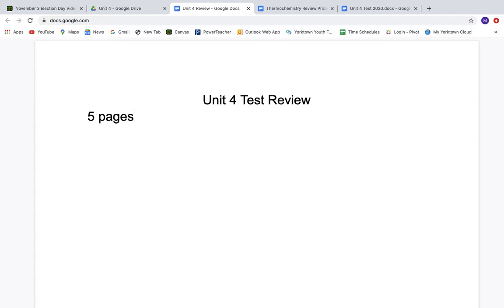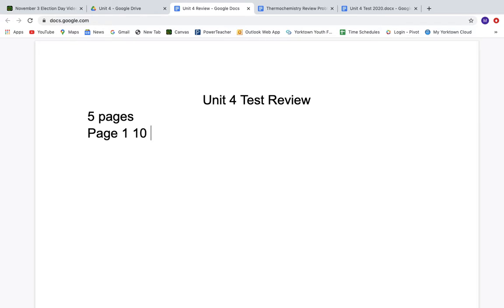It will cover 4A through 4C with some multiple choice, some short answer, some graph reading, about 5 different math problems, and a big lab question. So let's talk about each page.